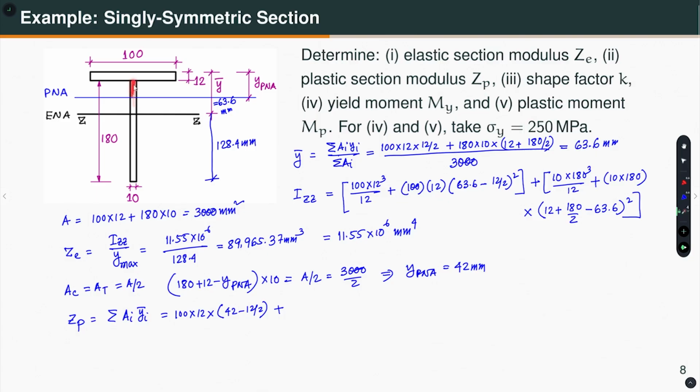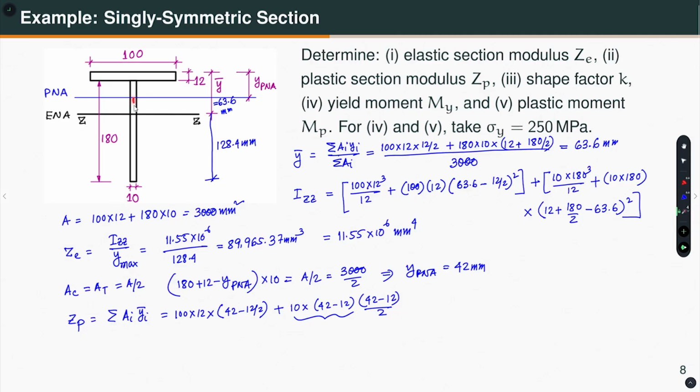portion. So, that is 10 into 42 minus 12 into 42 minus 12 divided by 2, right. So, this is A and this is y bar, the distance from the plastic neutral axis.